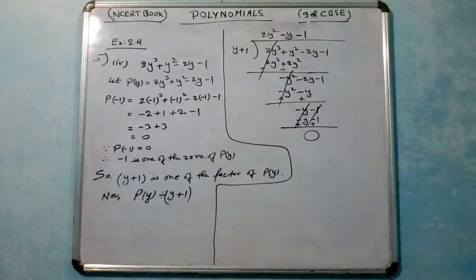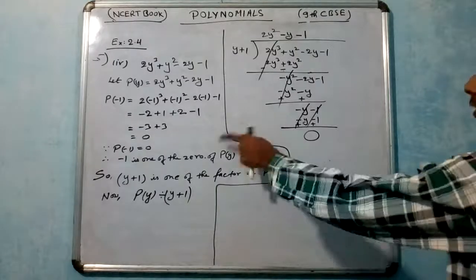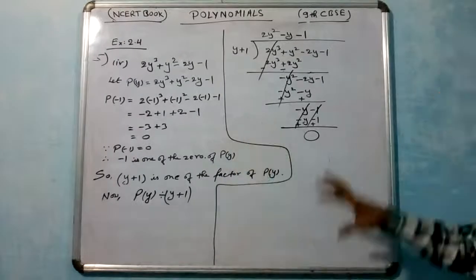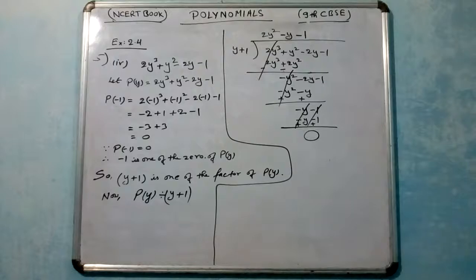See, in lines and angles you won't face so much problem like what you are facing here with algebra. This type of problem you will not face in lines and angles. It is a completely different topic, geometry, angles will be there.